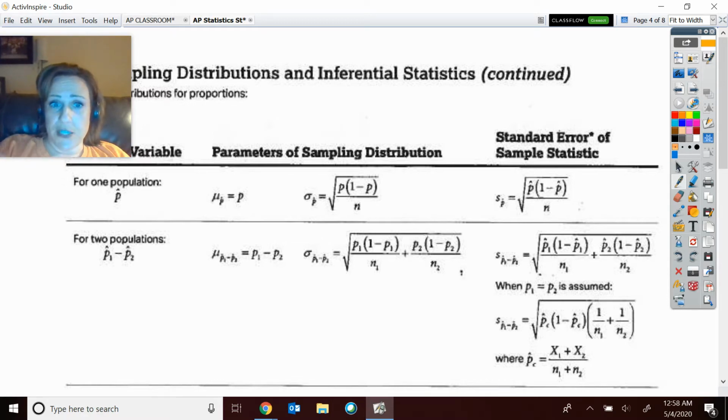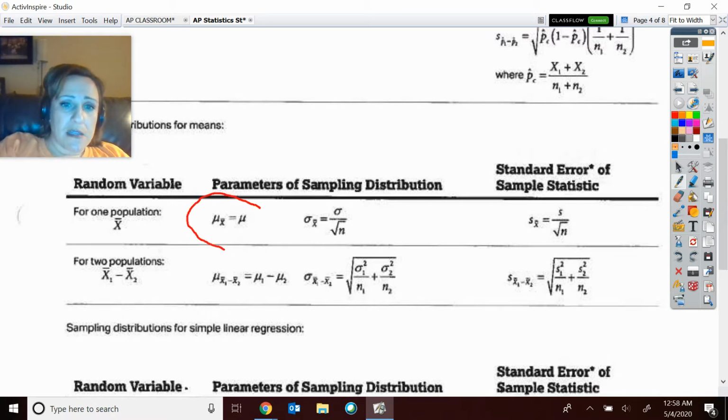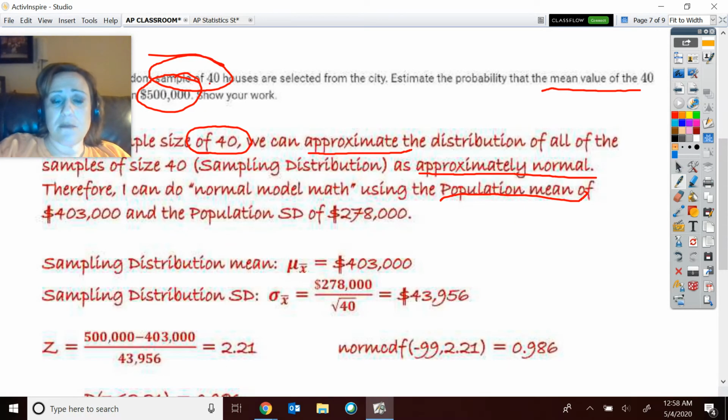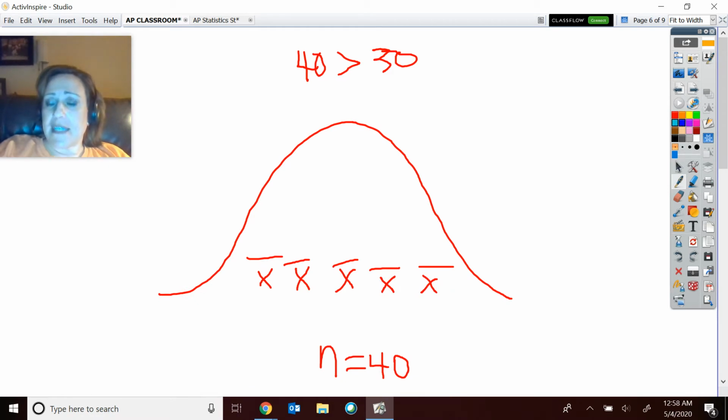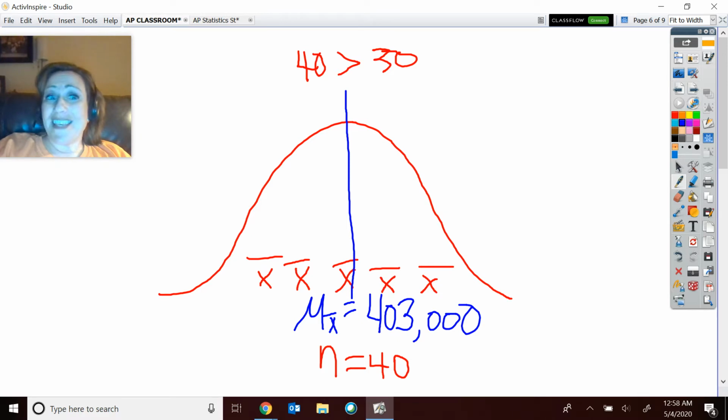We do not have proportion information. We have means. Look at this right here. The mean of all of those X bars, the mean of all those samples, will be centered at the population mean of 403,000. But remember how when n is getting bigger, we have less variability?